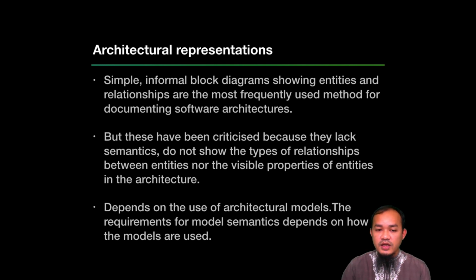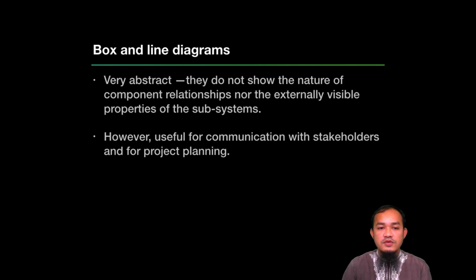Depending on the use of the architectural model, the requirement for model semantics depends on how the model is used. Mostly we use box and line diagrams to represent the architecture, but they lack explanation, so we have to find something easier to understand.